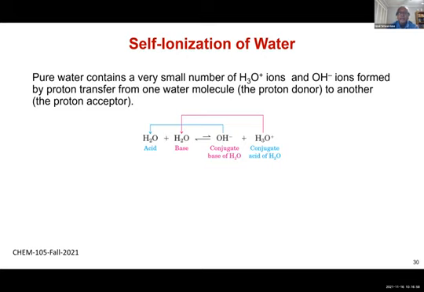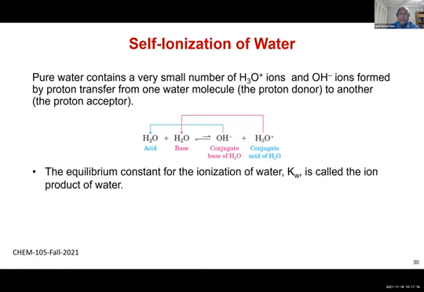This is an equilibrium reaction, which is more favored towards the water side, the reactant side. So we can write an ionization equilibrium constant, or Kw. The equilibrium constant for ionization of water is called Kw. It's also called the ion product of water.